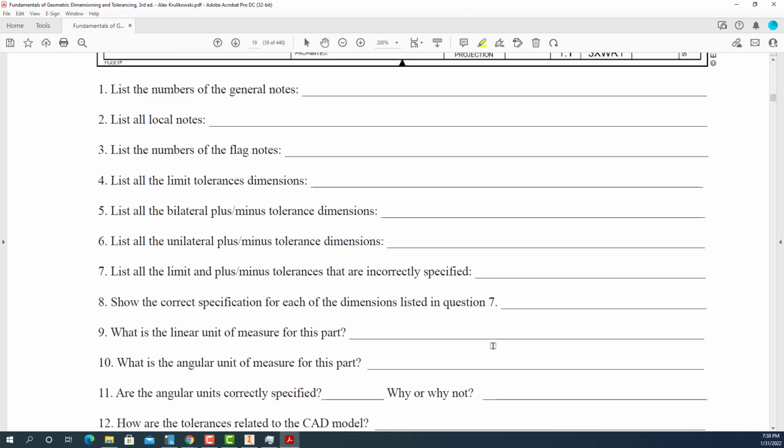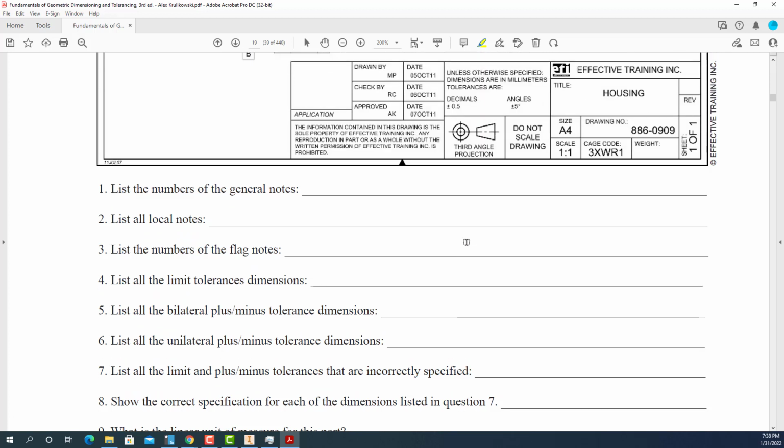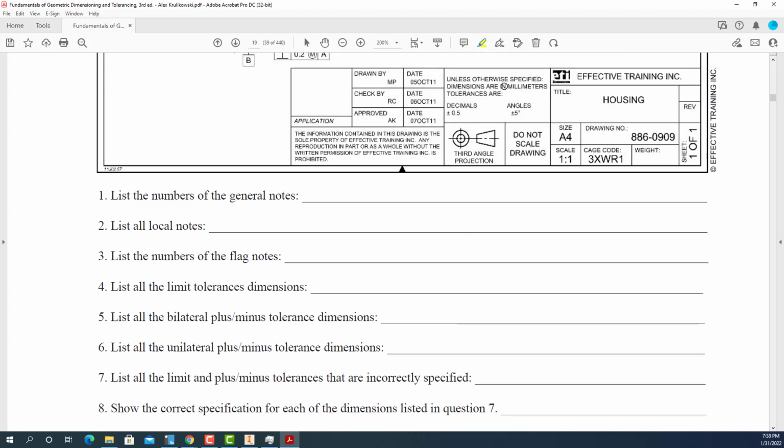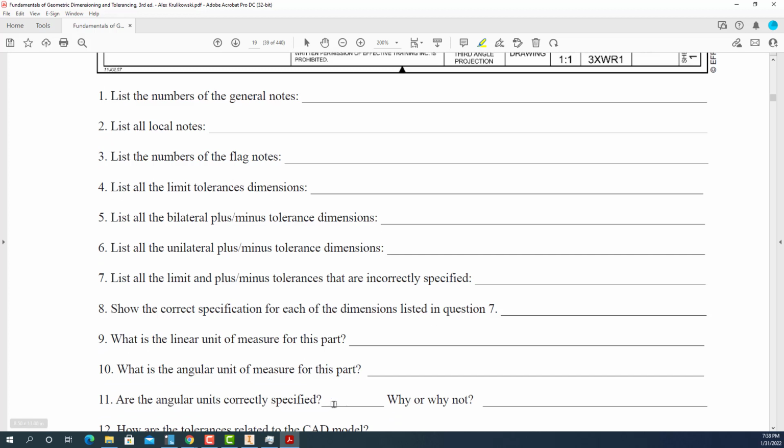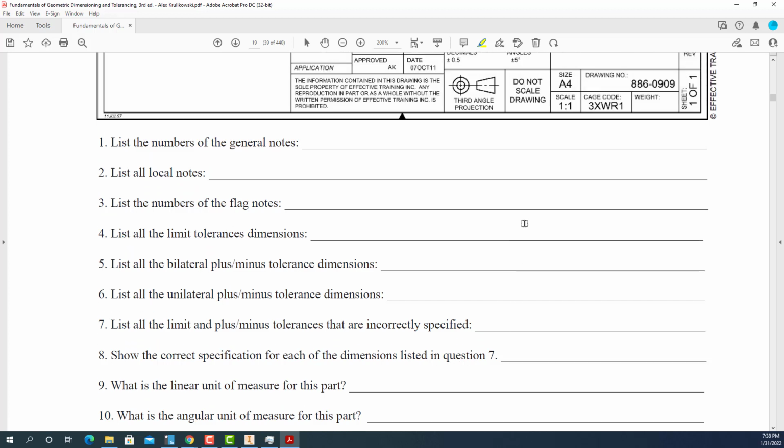So, let's see. Number 9, what is a linear unit of measure? Millimeters? Says right there, it should always say in your template. Very good. Are the angular units correctly specified? Why or why not?